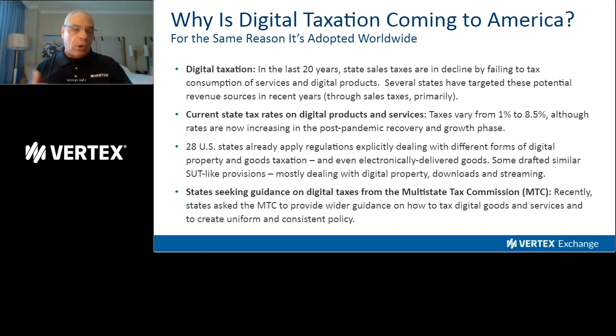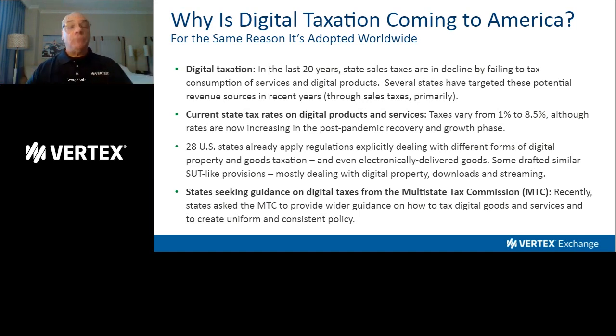And when you get caught up in state-to-state and regional competition, you try to maintain certain levels of taxation to attract investments and commercial activity to your borders. So several states target potential revenue sources, and through sales tax primarily, have maintained a certain amount of tax rate stability throughout the United States and its possessions.